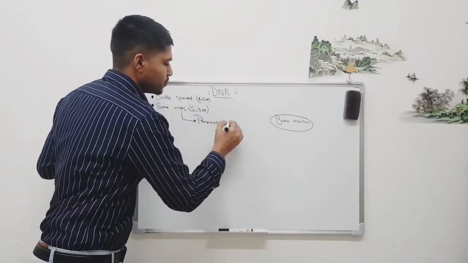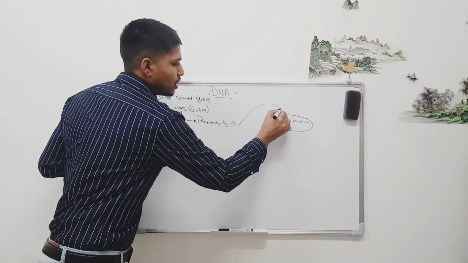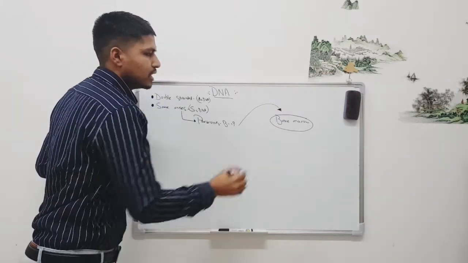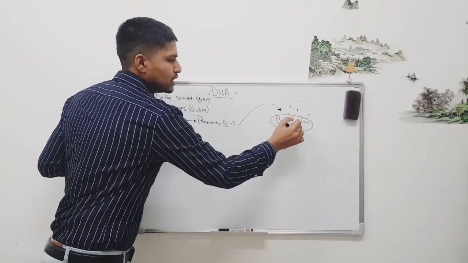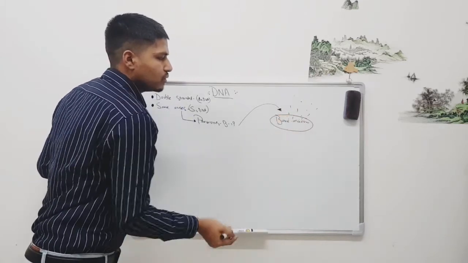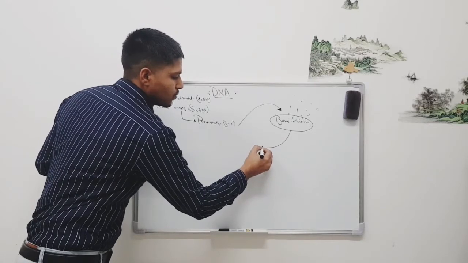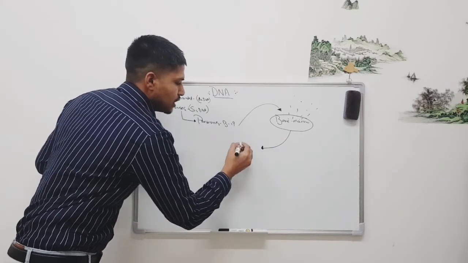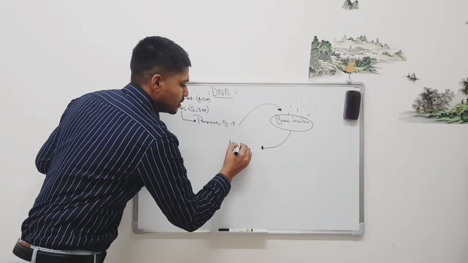So this parvovirus B19 attacks our bone marrow, and then we get a disease called aplastic anemia.